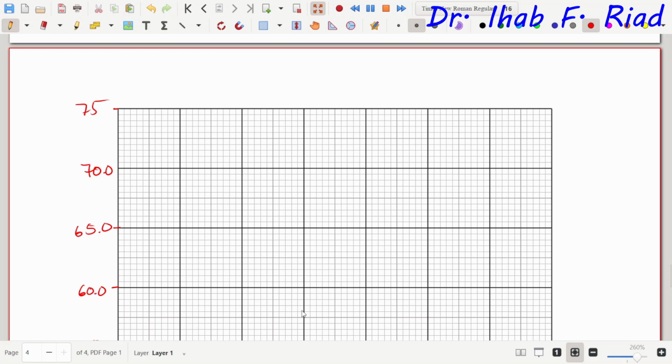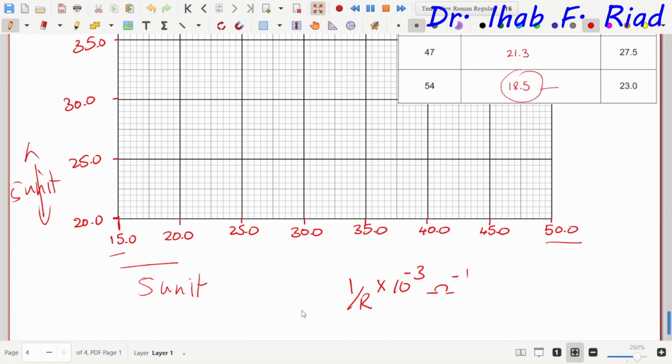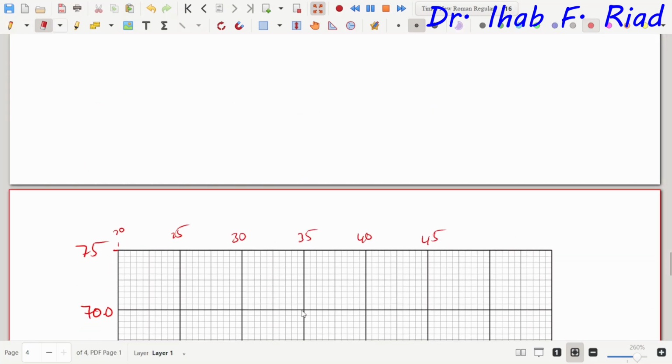I can just write with my pencil 15, 20, 25, 30, 35, 40, 45, and 50.